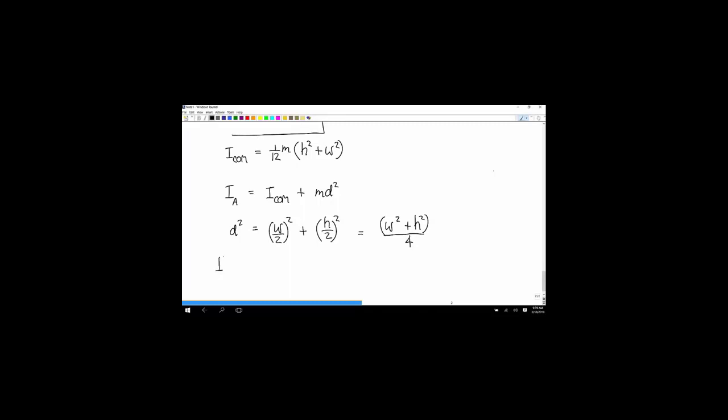And so the mass moment of inertia about A is equal to, I'll write it as 1/12 m h squared.